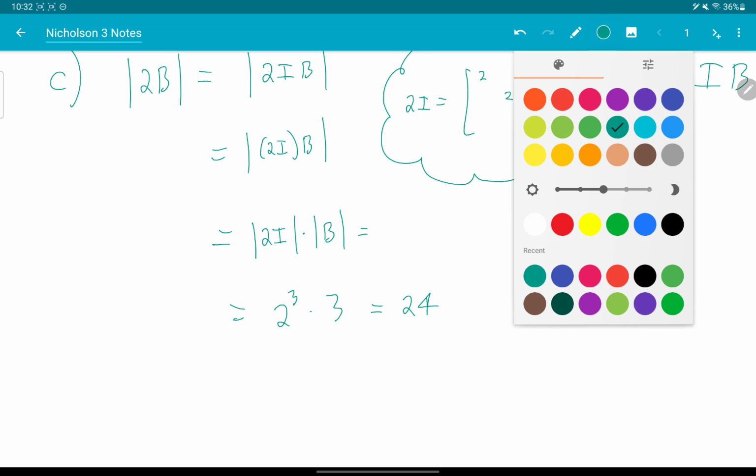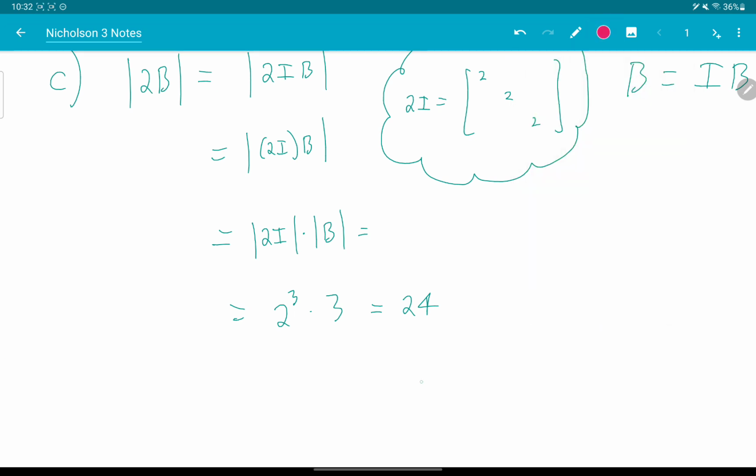Okay, so maybe in general we could say that if I have a number times a matrix, and I do a determinant, what happens is that the number comes out, but you put this exponent on it.